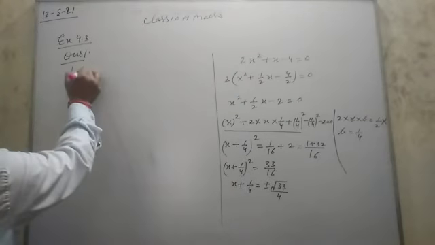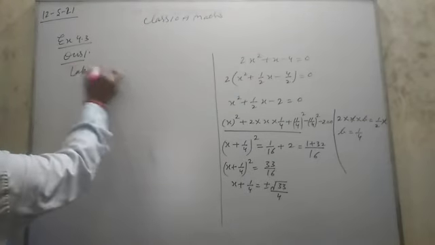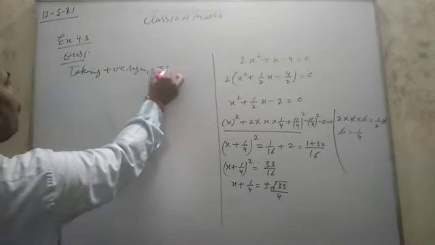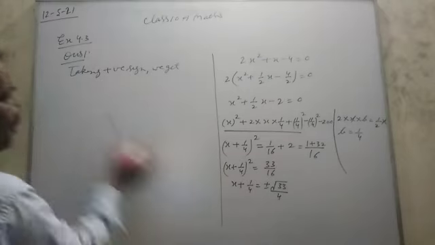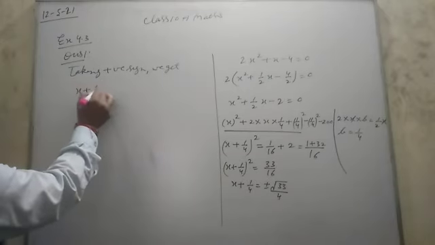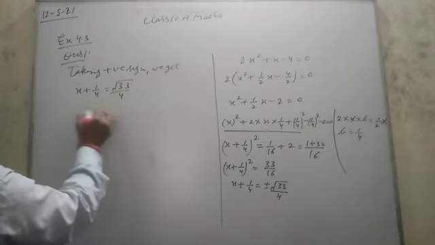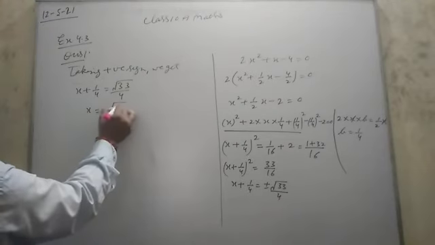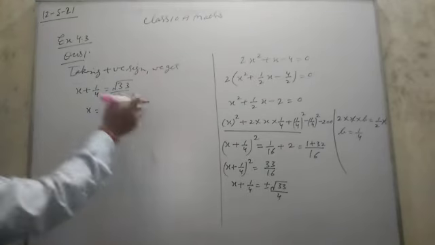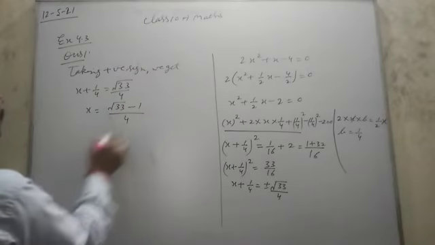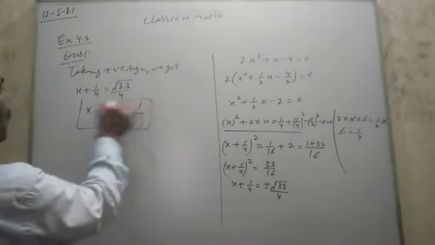So taking the positive sign, we get, okay, x plus 1 by 4 is equal to under root 33 upon 4. So x is equal to, transfer to that side with the same denominator. So under root 33 minus 1 by 4, this is the first root.